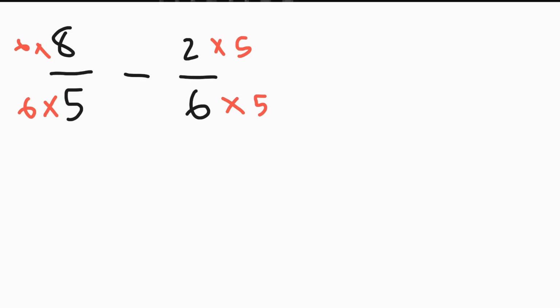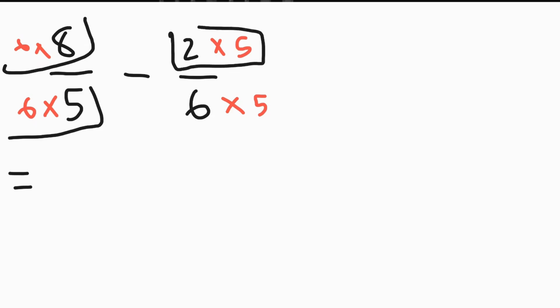Right, so as we can see here, we want to get these denominators identical. So what we're going to do here is we're going to say 8 times 6, 5 times 5, and then we're going to go 2 times 5, and we're going to go 6 times 5. Okay, guys, so let's work from left to right.